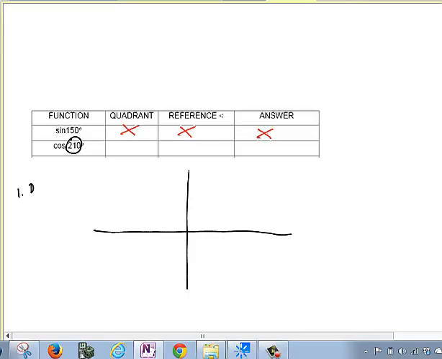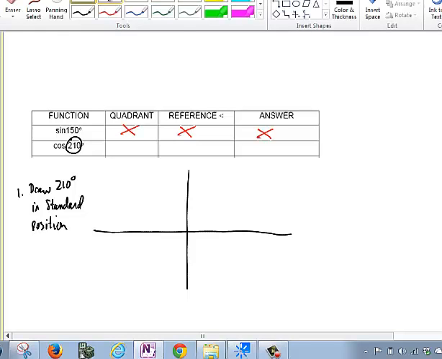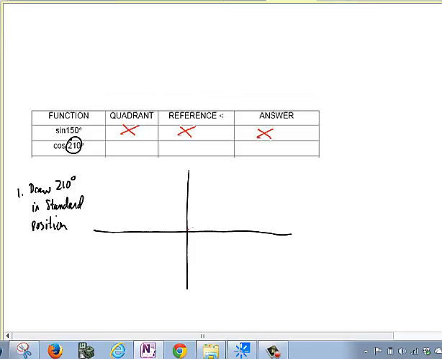So draw 210 degrees in standard position. I'll use red to represent the initial side. And I'm going to rotate this angle all the way to 210. That is at 180. I'm going to go a little bit past. This is going to equal 210 degrees.